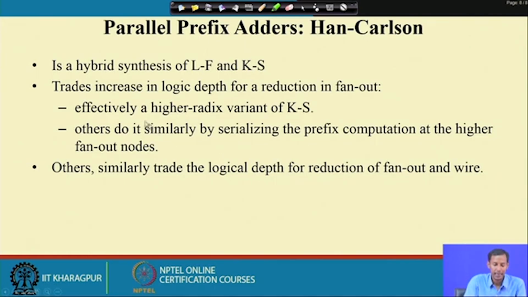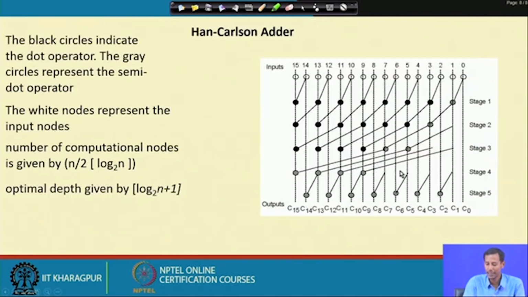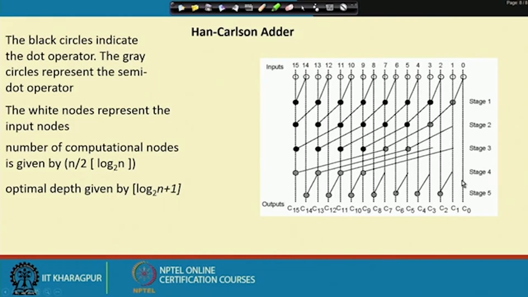Here, to reduce the number of stages, we use a Kogge-Stone architecture at the very beginning, and then in the lower portion we use a different method to reduce the number of stages, which is the disadvantage of the Brent-Kung adder. And here you see by this Han-Carlson adder, we can reduce the number of computational nodes by this and the optimal depth by this.